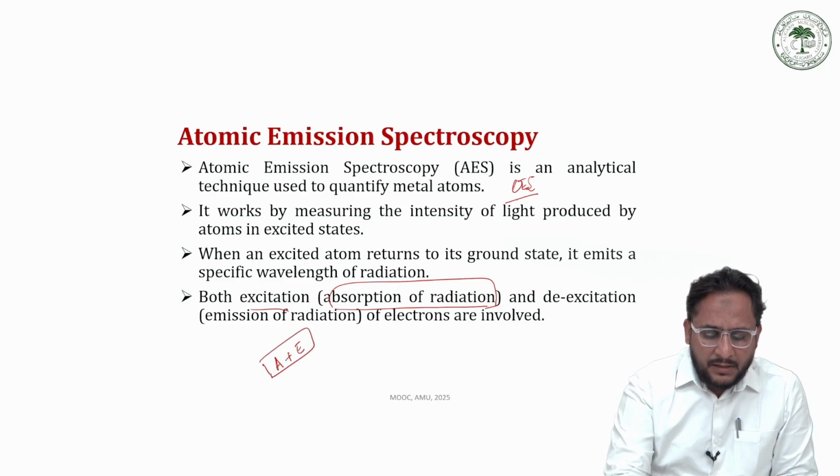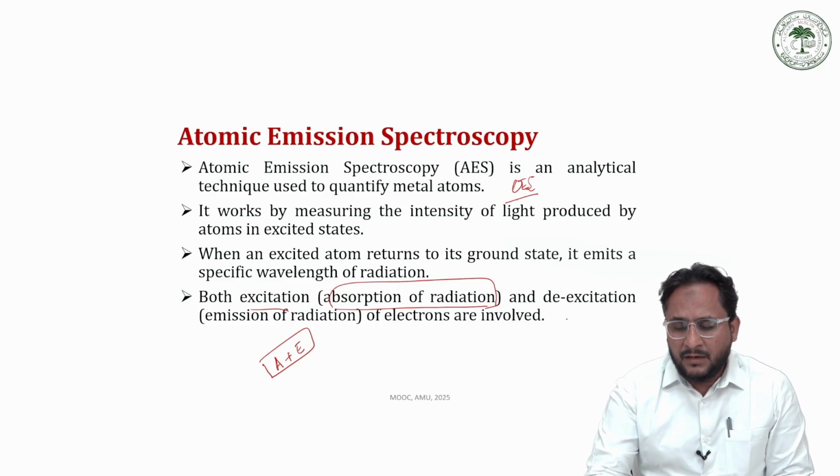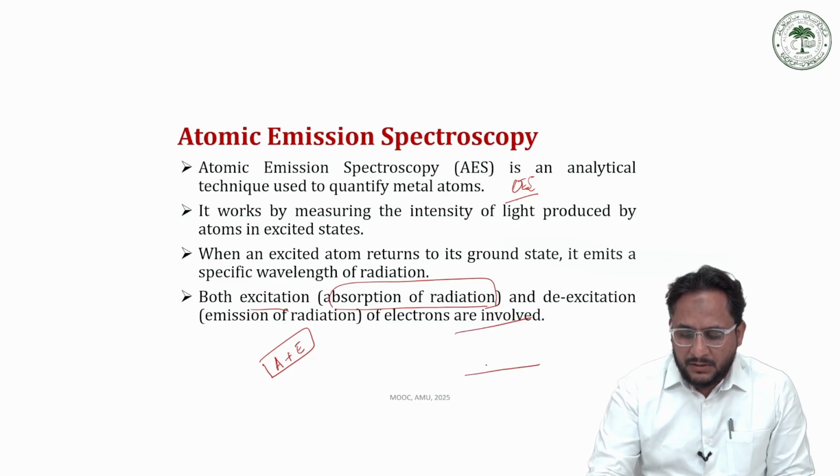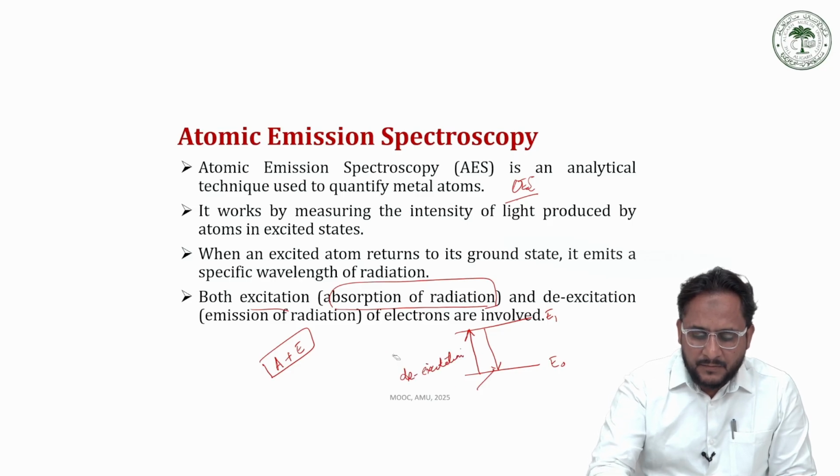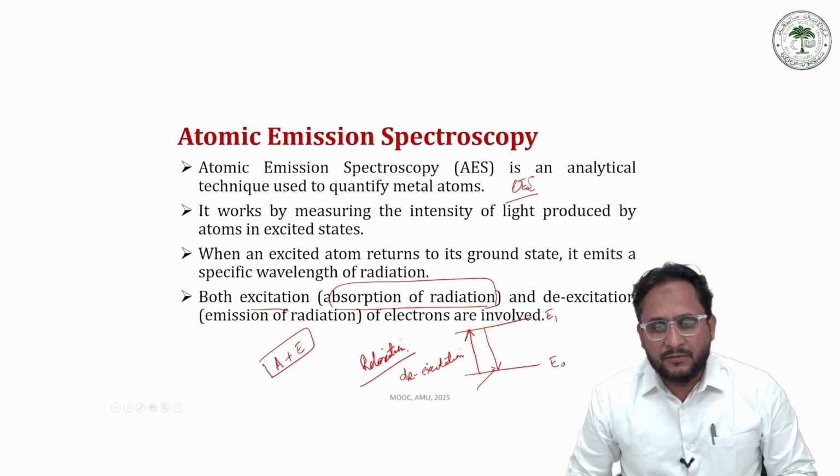This causes electrons to move from the ground state to higher energy levels, and when these electrons return back, a process called de-excitation, or relaxation, they emit light of specific wavelengths.